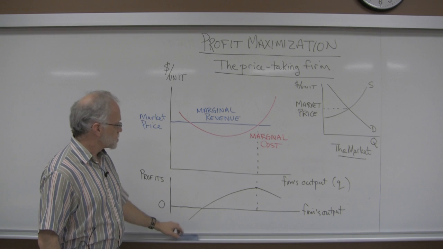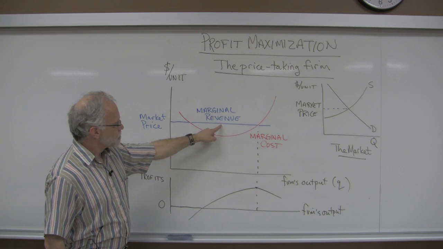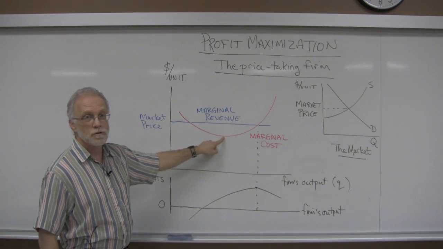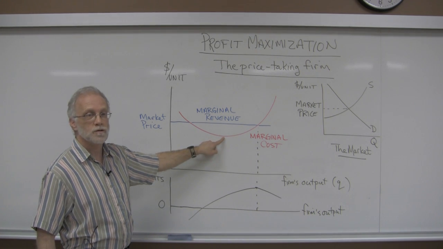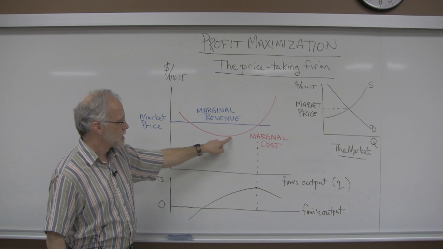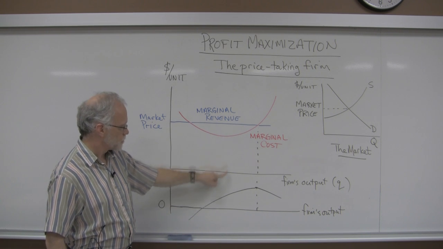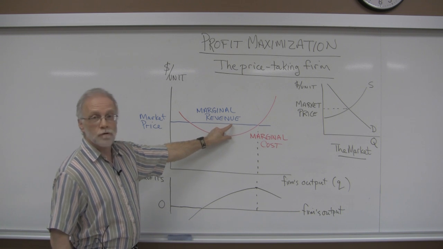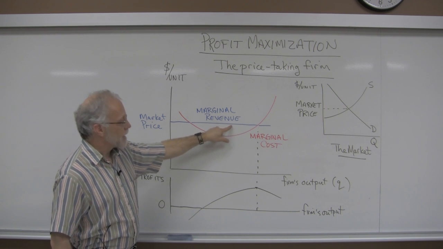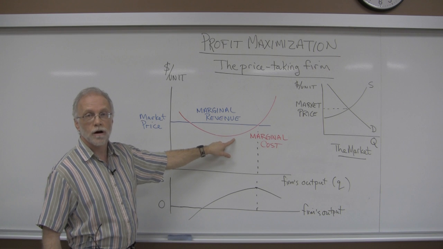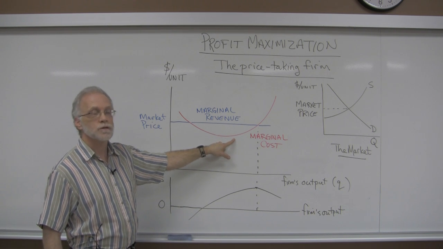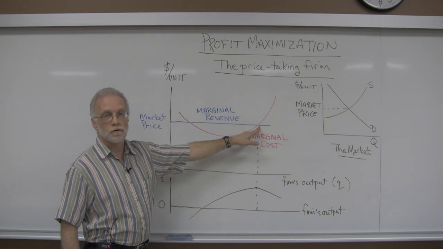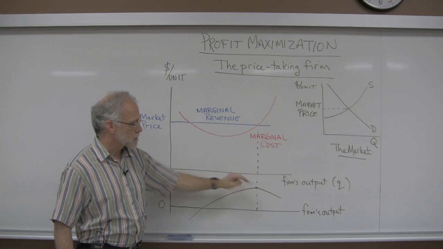So if we were to stop here and produce this level of output, you can see that that could not possibly be maximizing profits, because we could produce a little bit more than that, if we look down here, and for every extra unit of output we produce, we keep adding more to revenues than we're adding to costs. We must be increasing profits by doing that. So we want to keep going until those things are just equal. That's where we're maximizing profits.